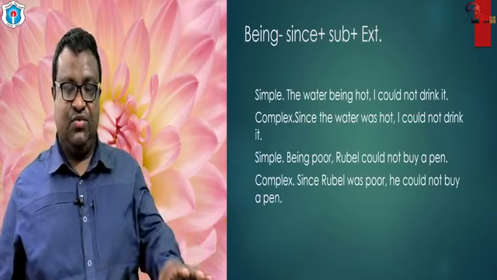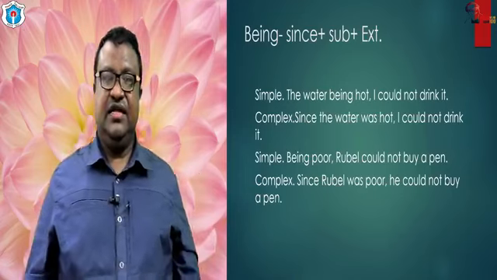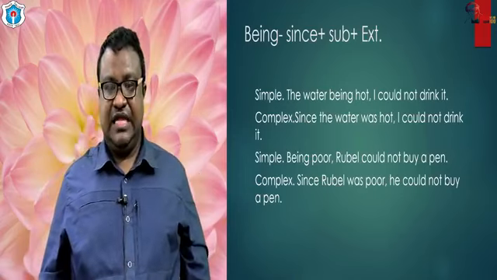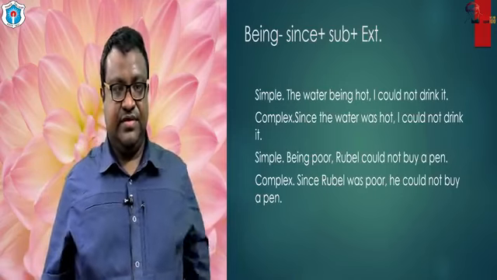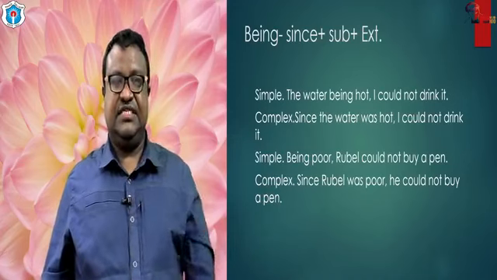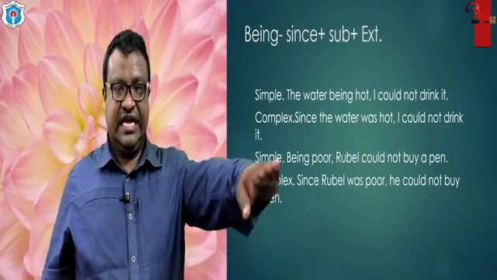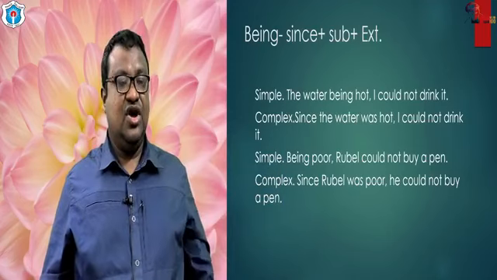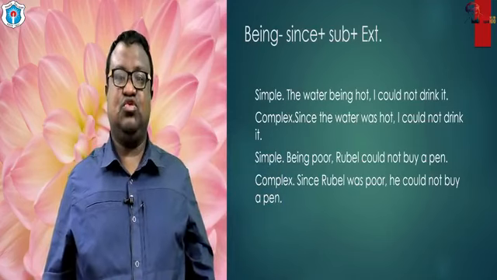So what are the differences between the first example and the second one? In the second example, we see there is only one subject, that is Rubel, while in the first example we see that there are two subjects.